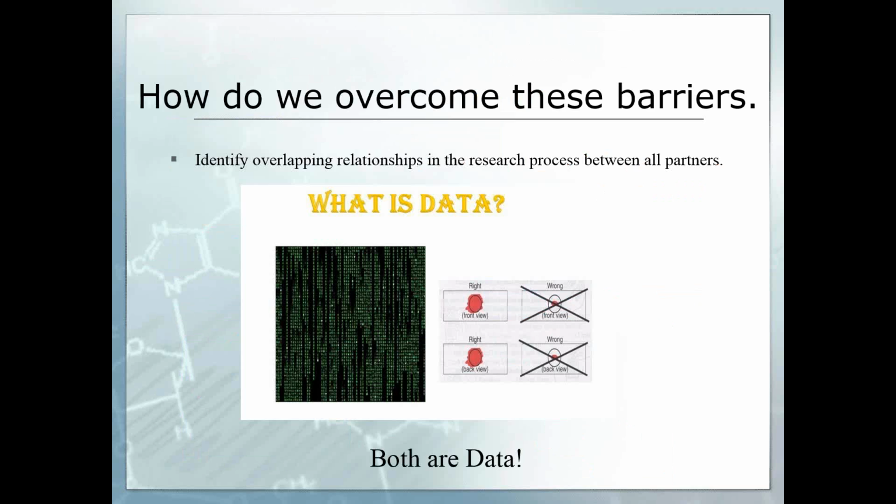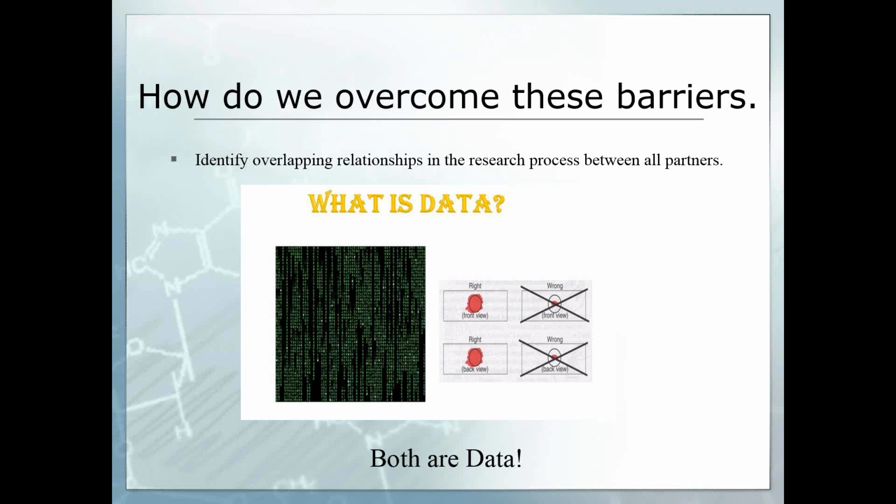So part of this is identifying the overlapping relationships. One of the first things I learned when I started working with the biomedical community is their idea of data is very different from a repository's idea of data. We think of data as being the origin information, the zeros and ones and twos and threes that were used to make an analysis.